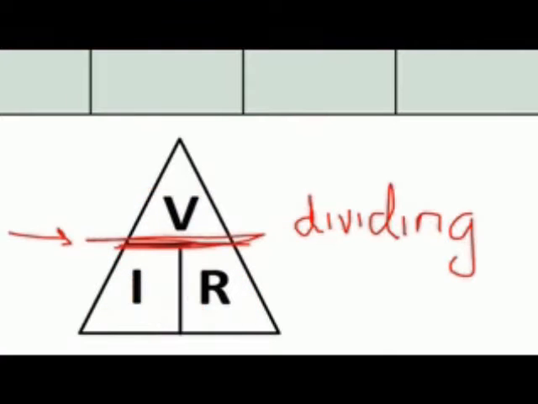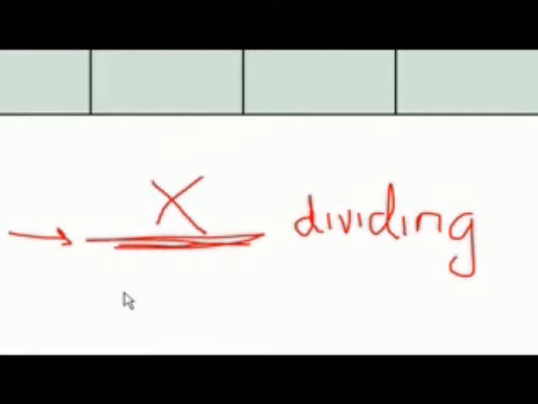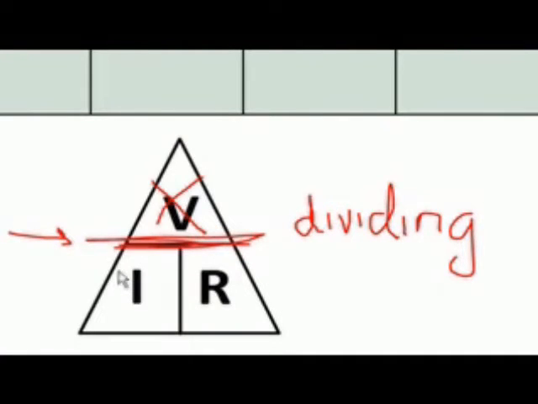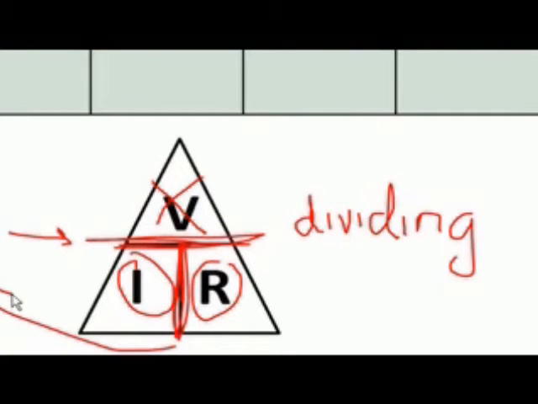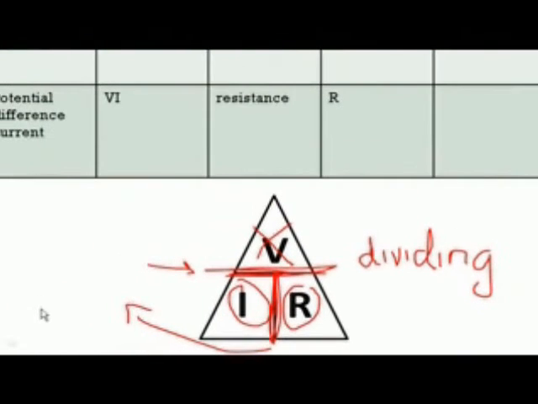This time, we cross out V, and we're left with I and R. The line that's separating these two variables is this line right here, and in this case, it is called the multiplying line.